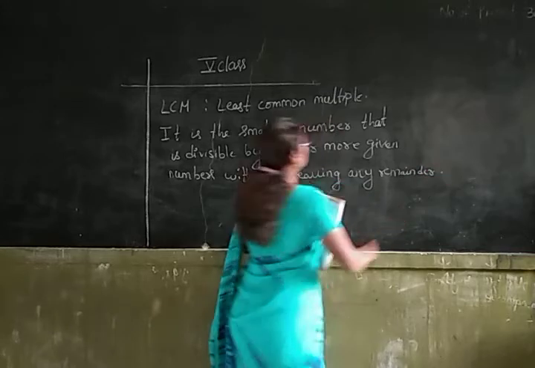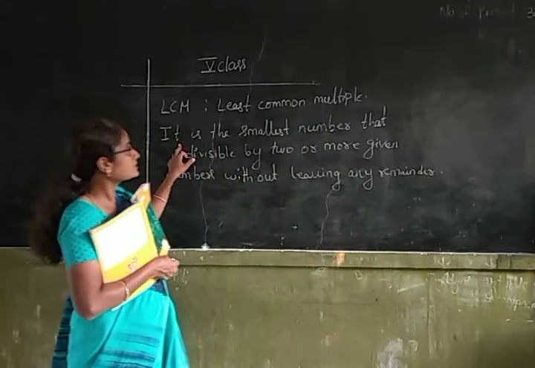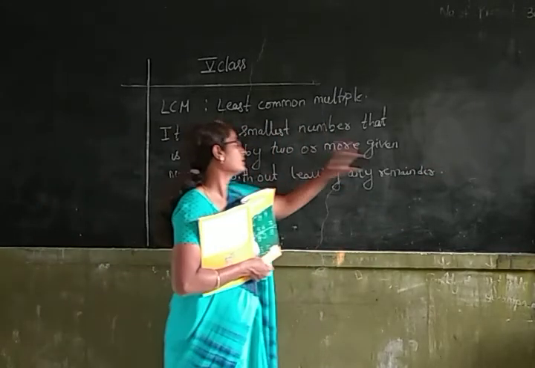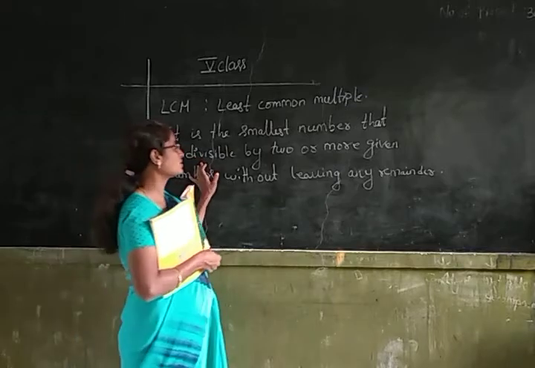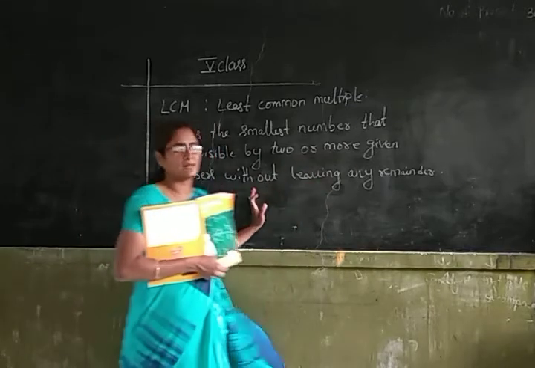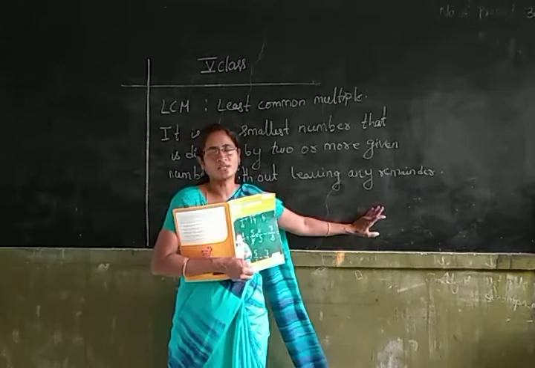Did you understand, children? LCM means it is the smallest number that is divisible by two or more given numbers without leaving any remainder.